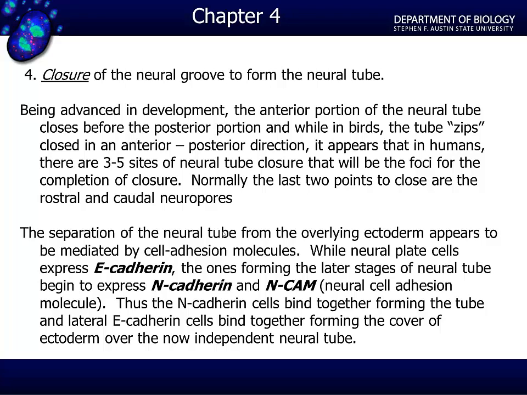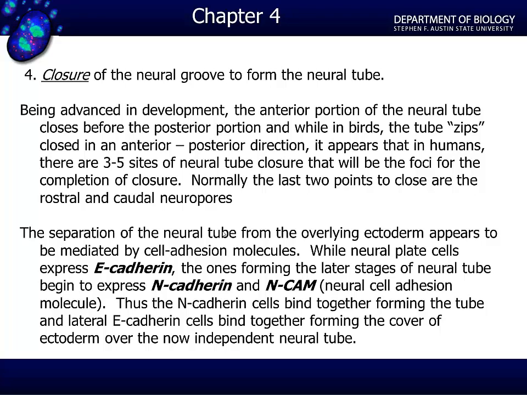Now, as we bring this tissue together, as these crests start coming together, what we're going to see is that neural plate cells have cell adhesion molecules, and this is what keeps them tightly adhered to each other. And one of these cell adhesion molecules is referred to as E-cadherin, with the E standing for epithelium.